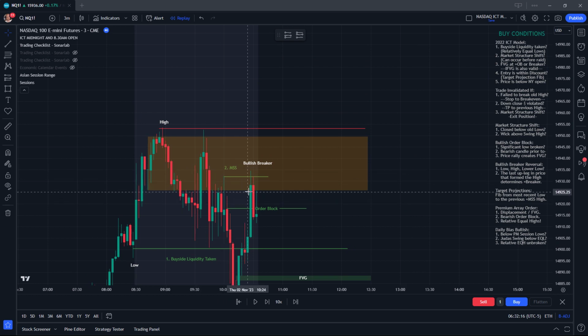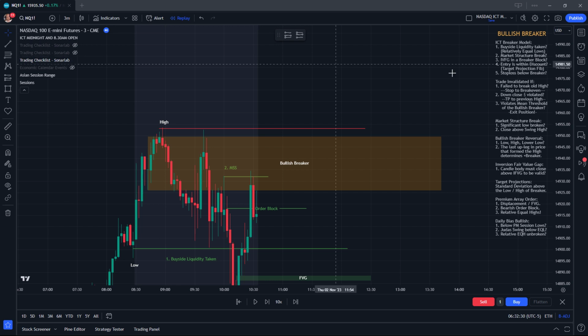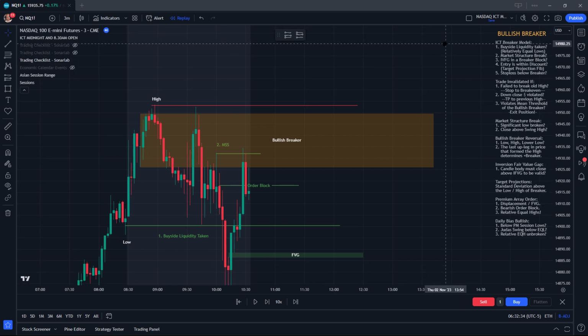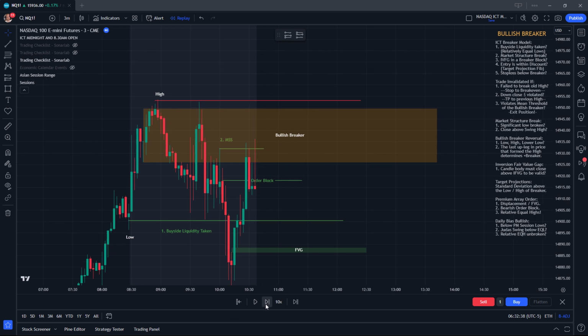What might happen is it might just rally up here and see if it starts using this breaker as a support. Maybe we can switch to a different strategy or something. Perhaps we could be looking at this strategy instead. But we've already committed to this, so let's just go forward and see what happens.